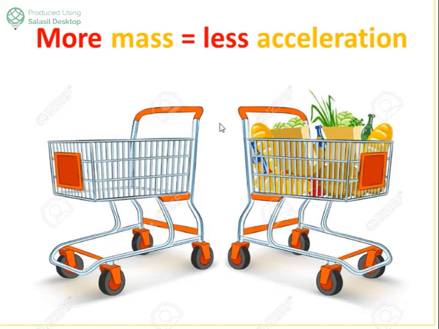Now let's take the relation between the two other variables, which are mass and acceleration. It is inversely proportional. Imagine now you're going to buy something and there are two shopping carts. One is empty, as you see here, and one is full of groceries. Now you want to push the empty one, so you will need only a small force to accelerate it.